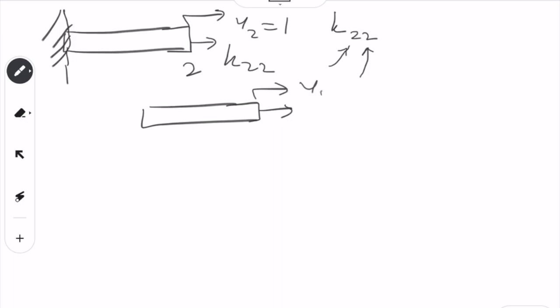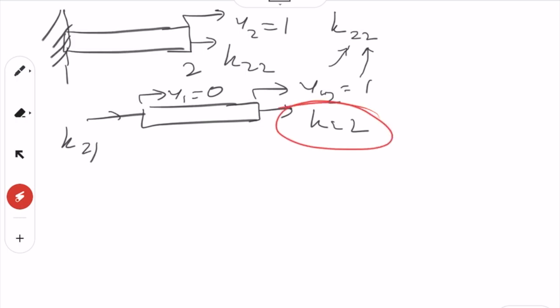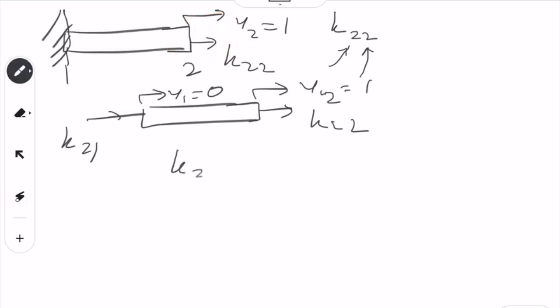So, this is U2 equal to 1, this is K22, and this will be K21, and displacement U1 is equal to 0. K22 you can calculate the way we did earlier, and we will find that if you want displacement equal to 1, K22 has to be equal to EA over L. Similar analysis you can do as we did in the previous page.